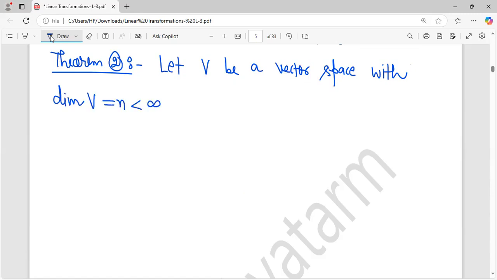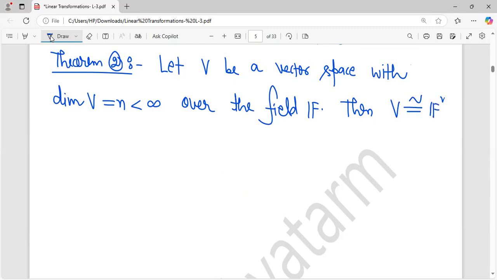It means V is a vector space of finite dimension over the field F. Then V is isomorphic to F^n.